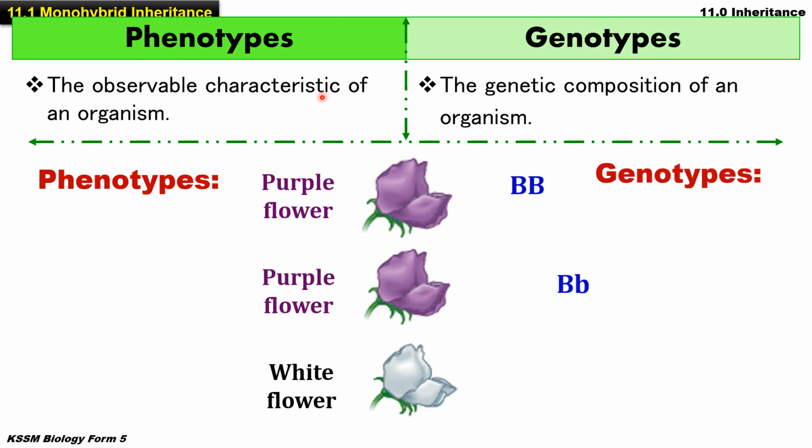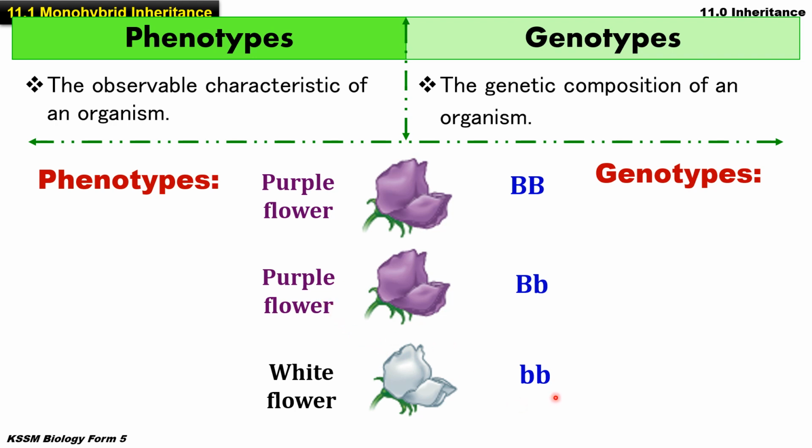Contoh. Okay. B besar. Okay. This allele is genotype which is determine the phenotype of purple flower. B besar, B kecil, this is the genotype that determine the phenotype of purple flower.